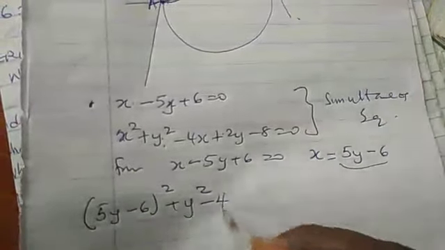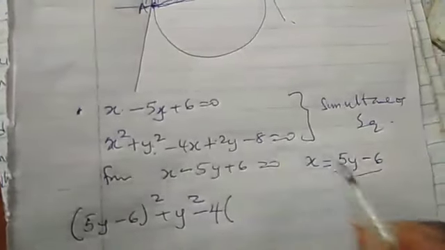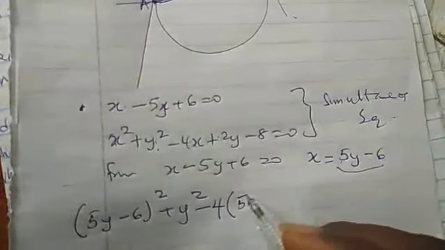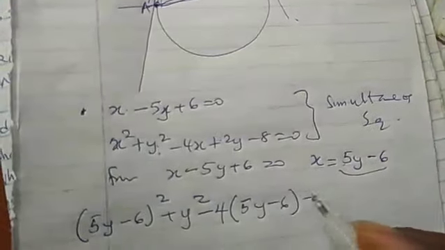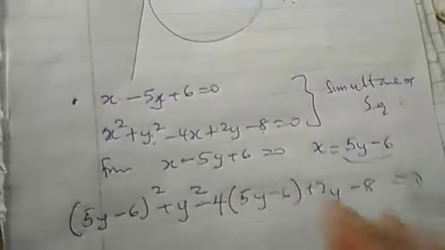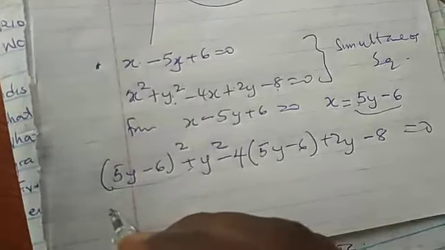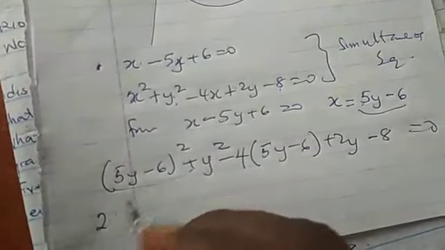Normally I wasn't supposed to be doing this, but let me just do it. Minus 4x, our x is 5y minus 6, plus 2y minus 8 equal to 0. Now we need to evaluate this by expanding it. Let's expand it.